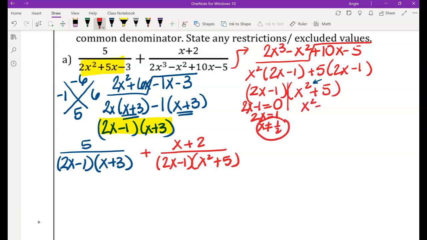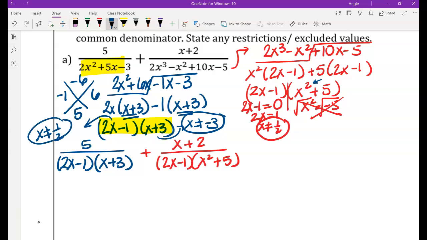x squared equals -5. Well, when you take a square root, we can't really take a square root of a -5 unless it's an imaginary. So we don't need to exclude imaginary, okay? So we currently have the red one being one exclusion. This one over here, x can never be -3. That's exclusion number 3. This one over here, x can never be a positive 1/2.